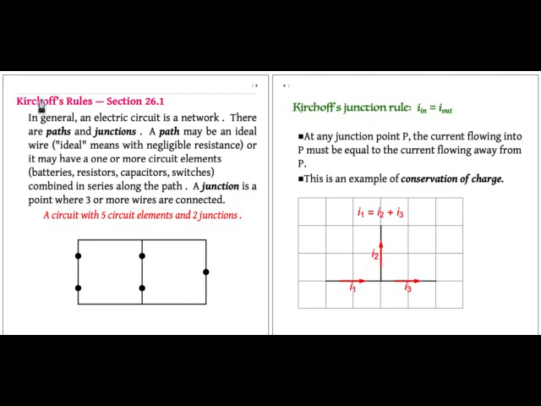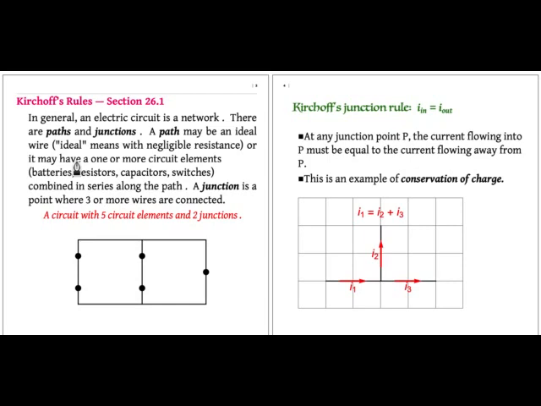All right, now to analyze circuits, we use Kirchhoff's rules. So this is the first section in chapter 26. In general, an electric circuit is a network. There are paths and junctions. A path may be an ideal wire. When I say ideal, I mean it has negligible resistance.